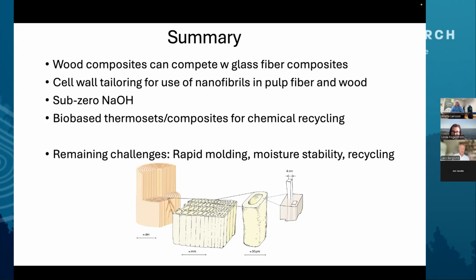If we compare with glass fibers, carbon fibers and any other synthetic polymer fibers, they are inert. We cannot get the polymer matrix into the fiber. So plant fibers are unique in this respect. We can swell the fibers and bring the polymer into the cell wall.